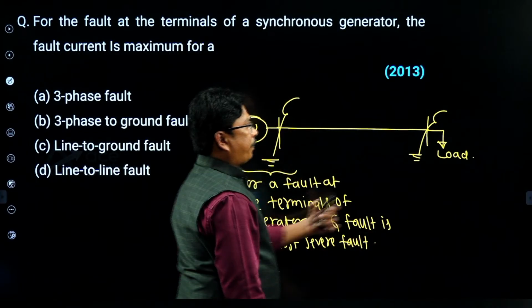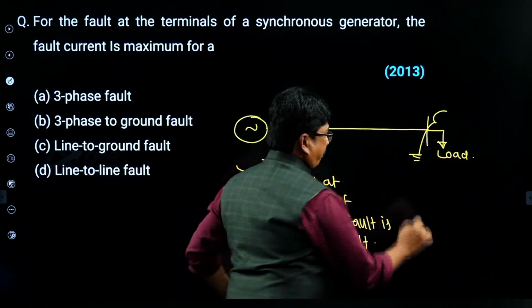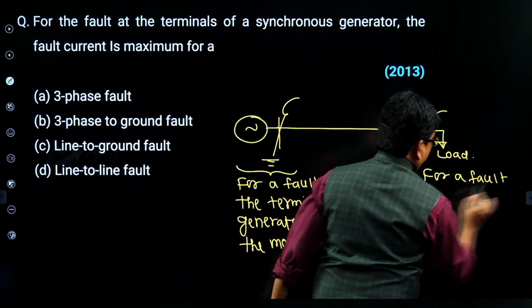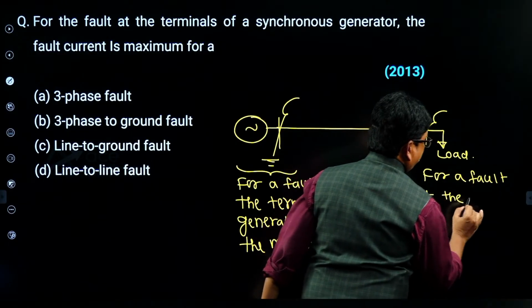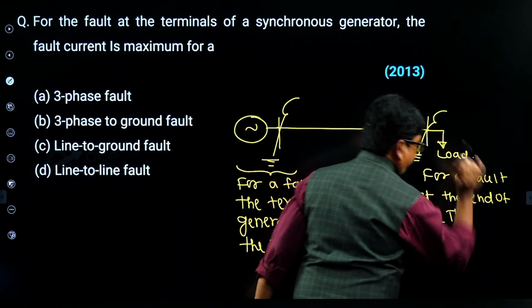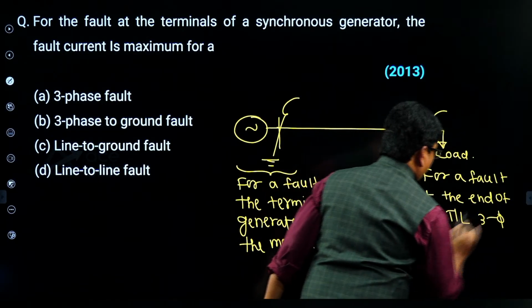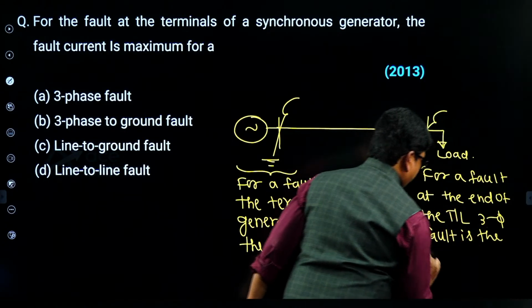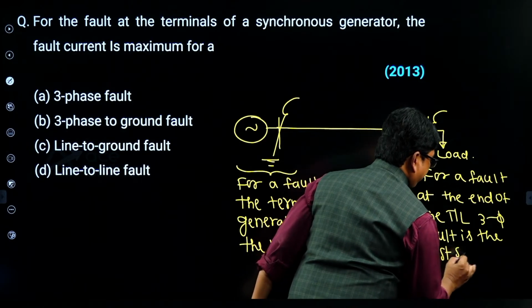For a fault at the end of the transmission line, the 3-phase fault is the most severe fault.